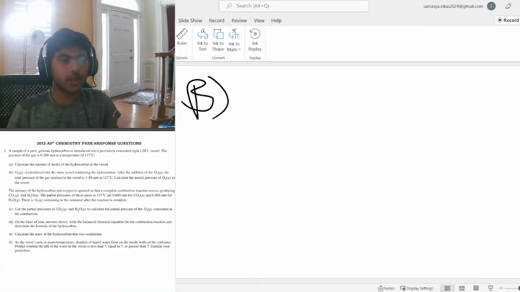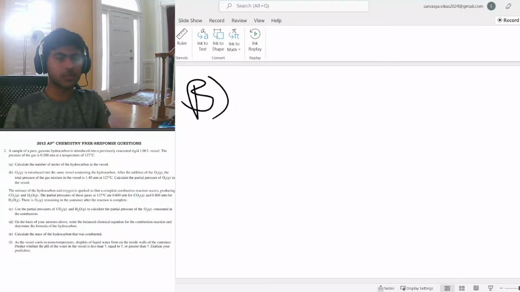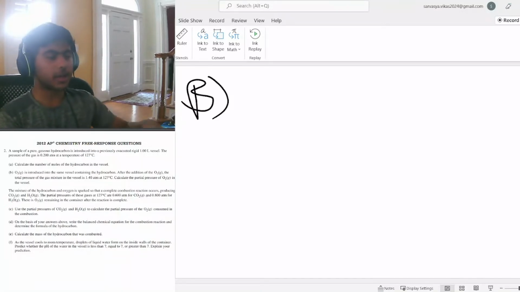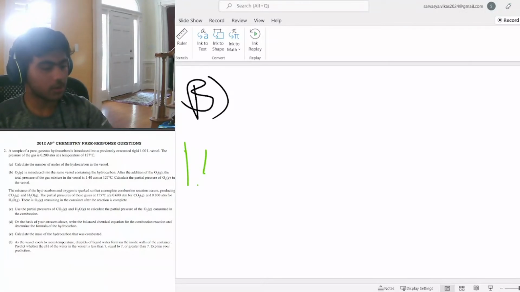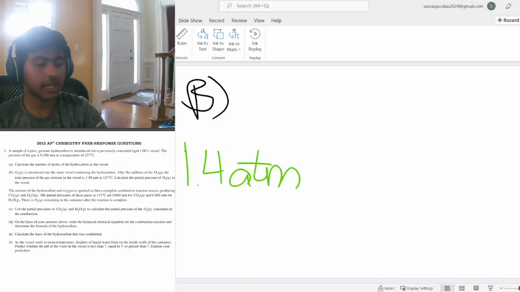Alright, so we have that oxygen gas is introduced into the same vessel that contained the hydrocarbon, and after the addition of the oxygen, the total pressure of the gas mixture in the vessel is 1.4 atmospheres, and we're trying to calculate the partial pressure of oxygen gas. Well, let's see. So we have 1.4 atmospheres total, which is of the oxygen gas and the hydrocarbon.